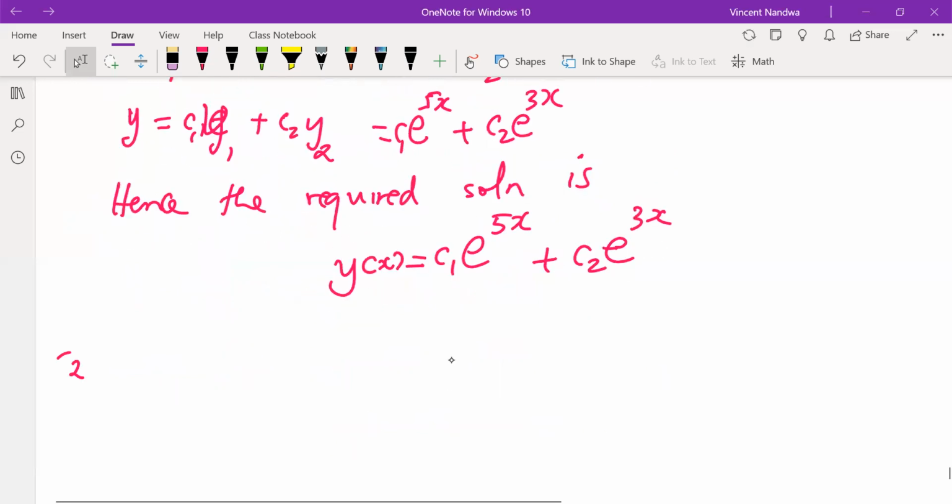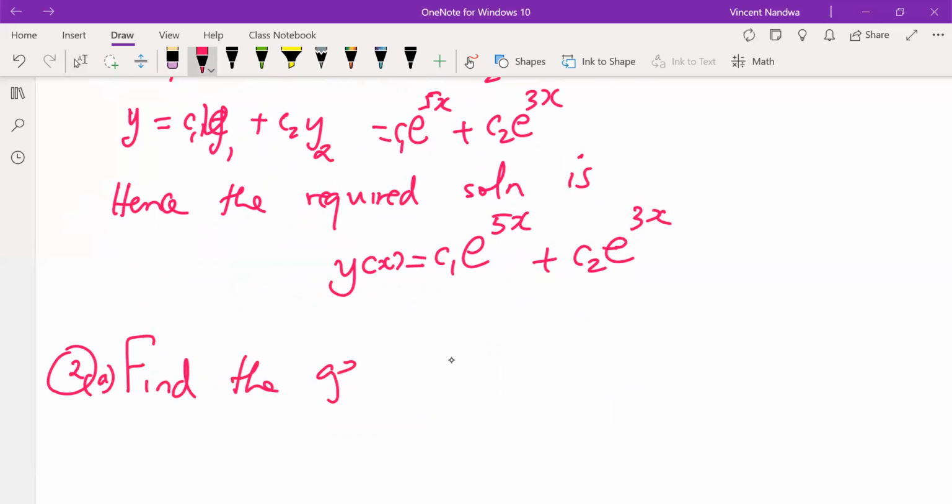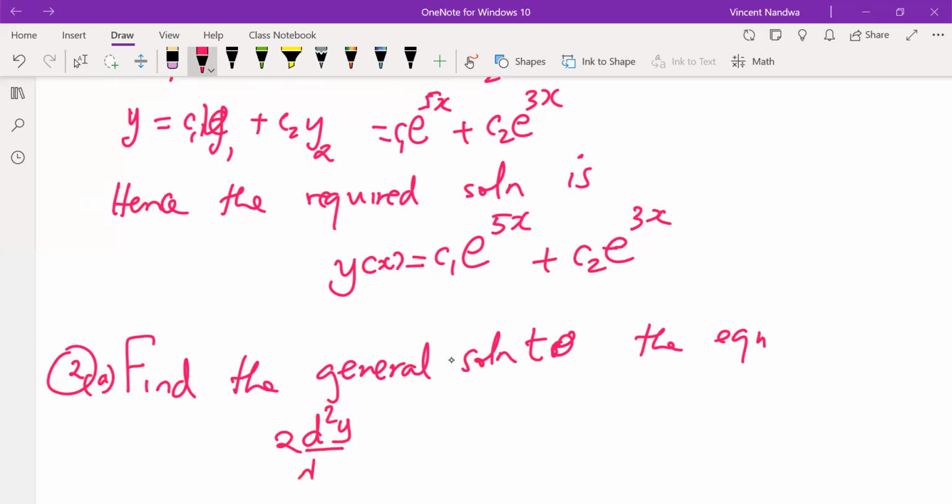Second one, find the general solution to the equation 2 d squared y dx squared plus 5 dy dx plus 3y equals 0.